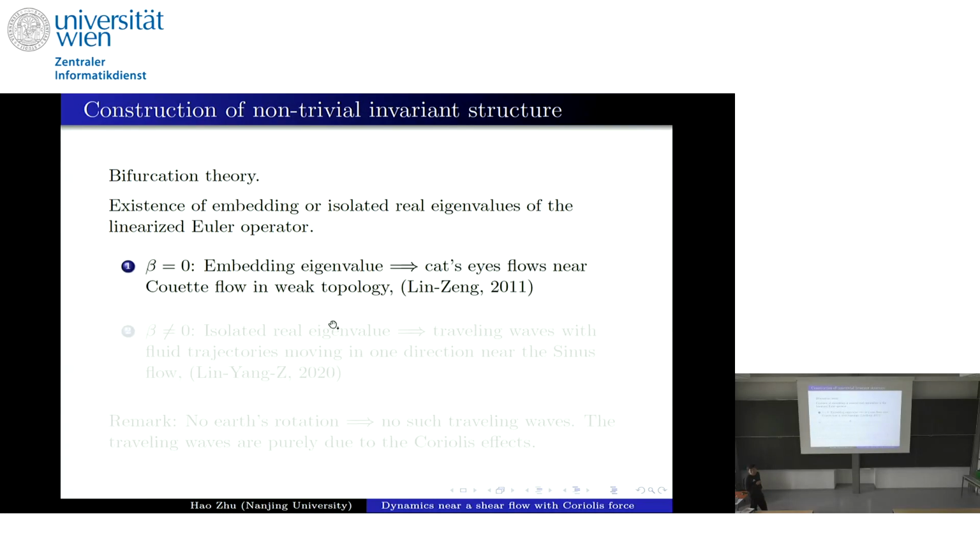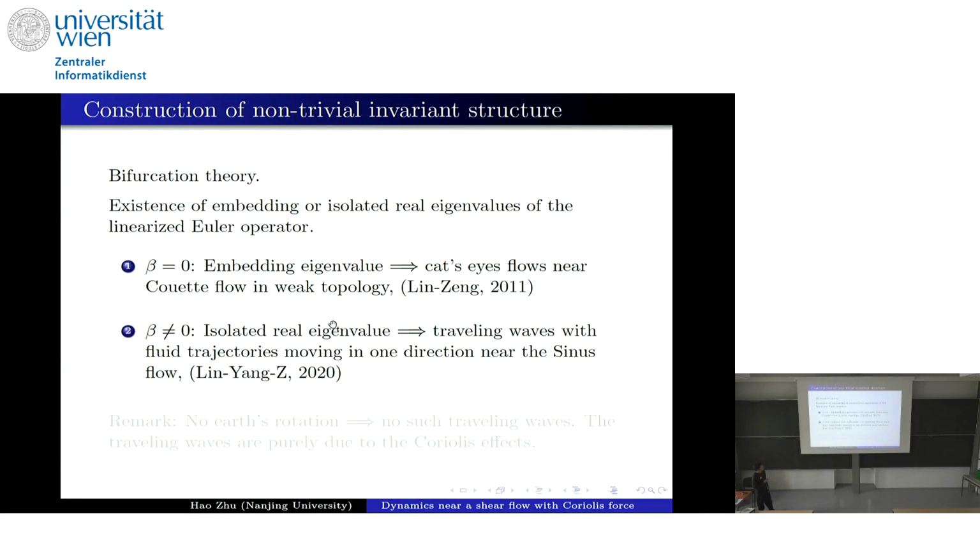But in the case of beta equal to zero, there are no such eigenvalues. There are no isolated real eigenvalues, only possibly embedded eigenvalues. For beta not equal to zero, we found that there exist some isolated eigenvalues. So by these eigenvalues, we can construct some traveling waves.